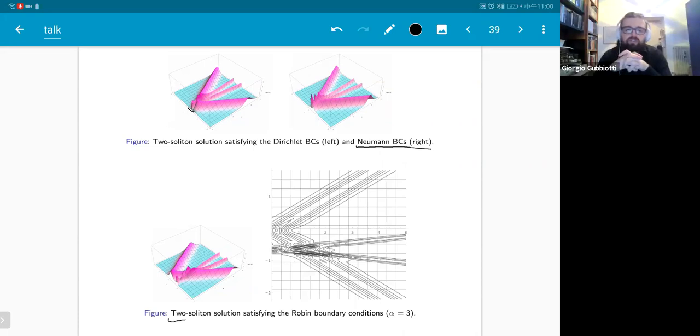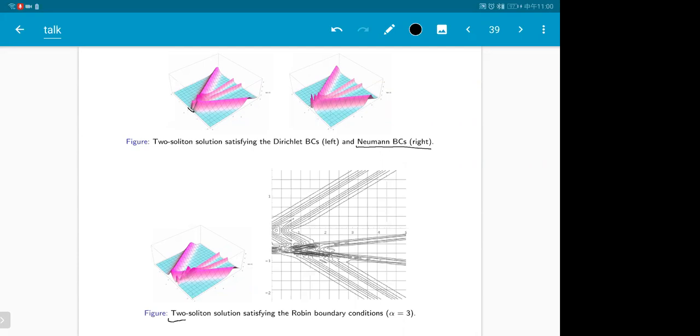Yeah. Can you tell anything about the interaction of the soliton with the boundary? Is it an elastic interaction? Oh yeah, they are elastic interactions. There are several ways to think of it.